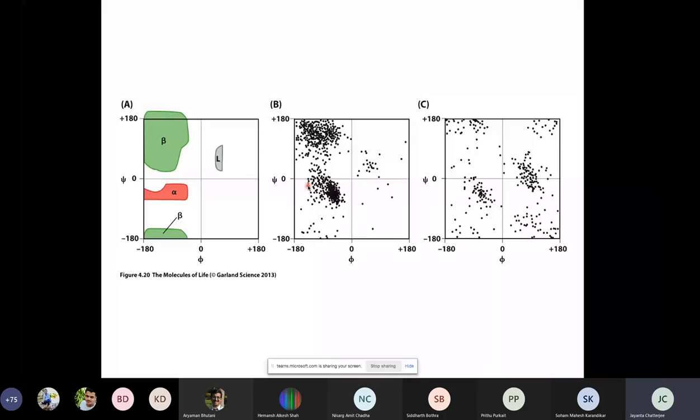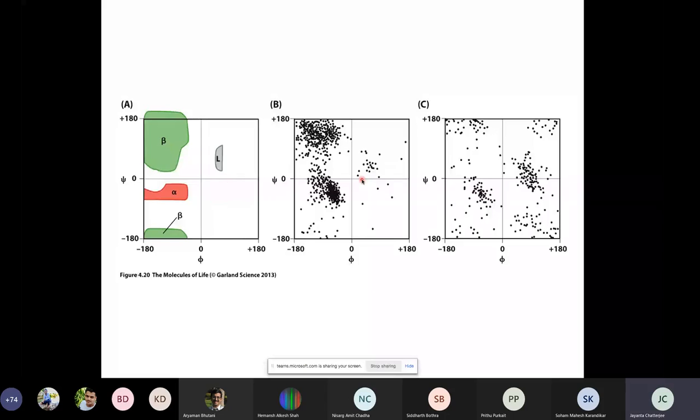You can see that this is a real plot from a protein. In this region you find small clusters, right? But it's not that they have no dihedral angles in this white space. Yes, there are occurrences of such dihedral angles in this free space.